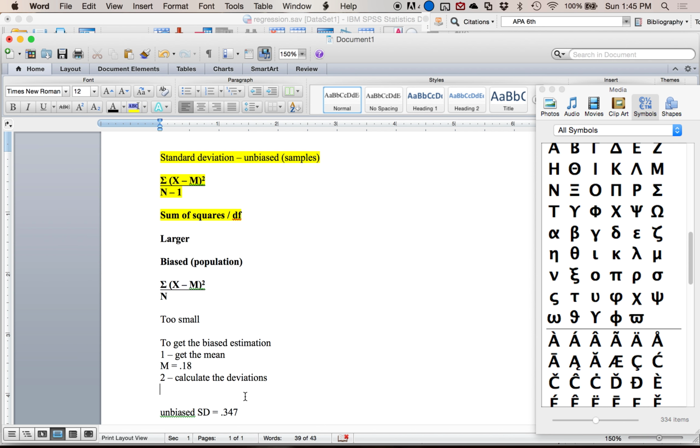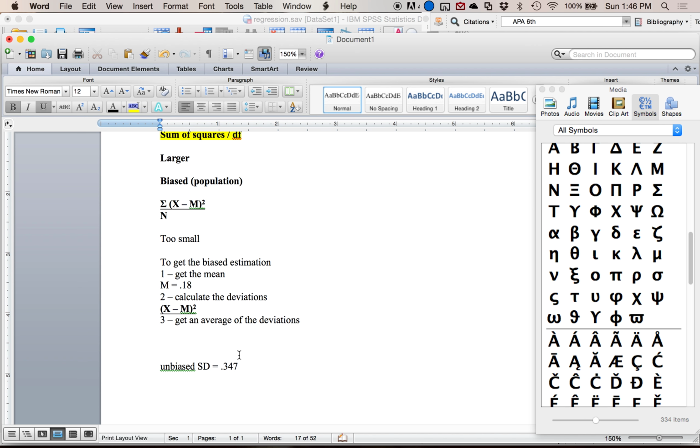After we've calculated this deviations column, which is essentially doing this component, the next thing I have to do is get an average of the deviations. I've done the x minus the mean part. Now I need to do the sum over n part.